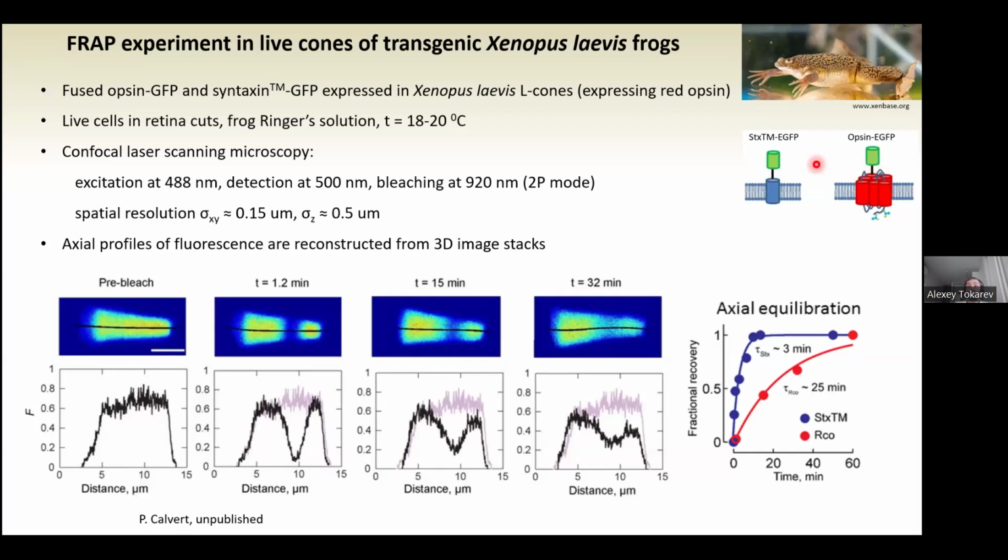More than that, we can use a substitute for rhodopsin: the transmembrane domain of syntaxin. This is simply one helix cut from the syntaxin molecule with GFP, and we observe its diffusion. So the purpose is very clear: to understand fundamental mechanisms of transport in these membranes.